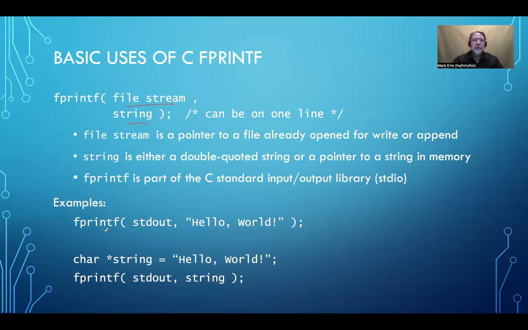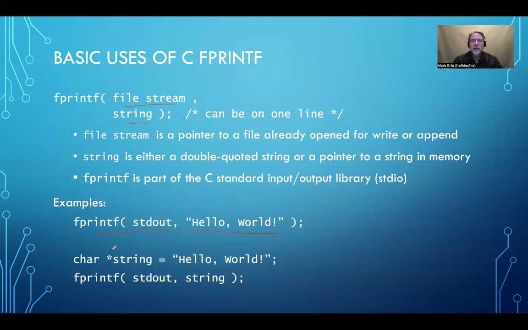Here's 2 examples of the fprintf function. The first one, we're actually passing the string directly by typing text information in between the double quotes. In the second example, we're declaring a character string.